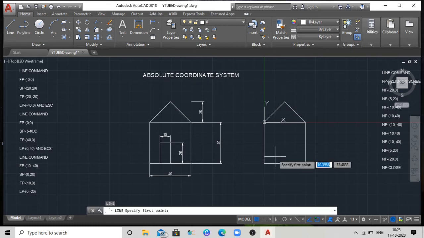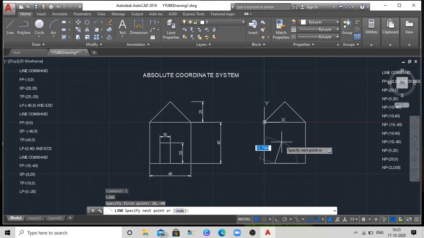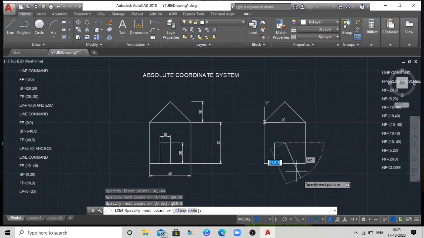Again take the line command. First point equal to 10,-40. So it came here. Second point equal to 0,20. So it came here. Third point equal to 10,0.